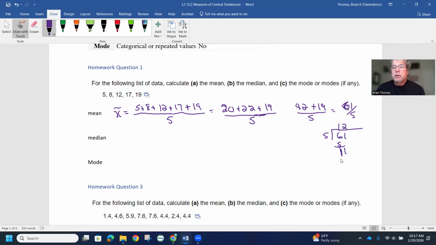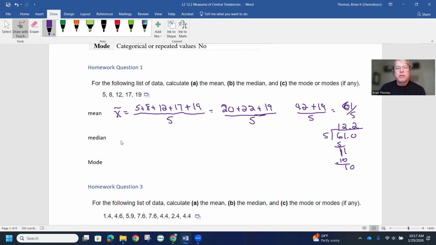That would be 10, with a remainder of 1. I can add a decimal and add a 0, bring the 0 down. 5 goes into 10 twice. So we would say 12.2 is the median. Sorry, 12.2 would be the mean. So X bar would be 12.2. I didn't have to round it because it turned out evenly.